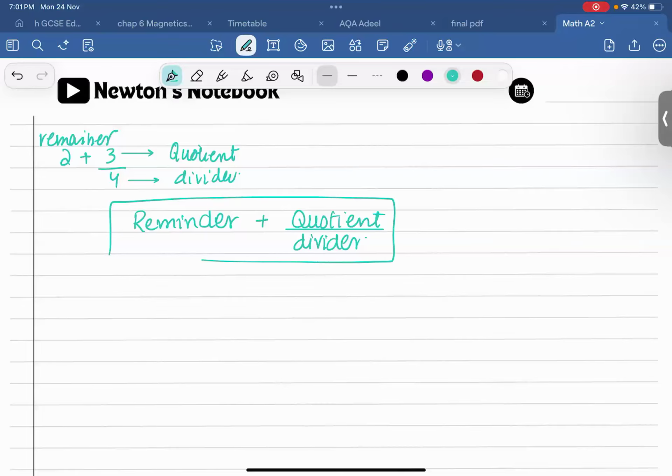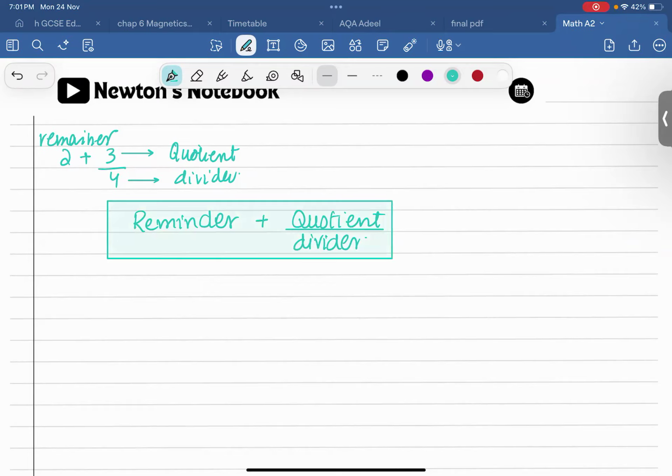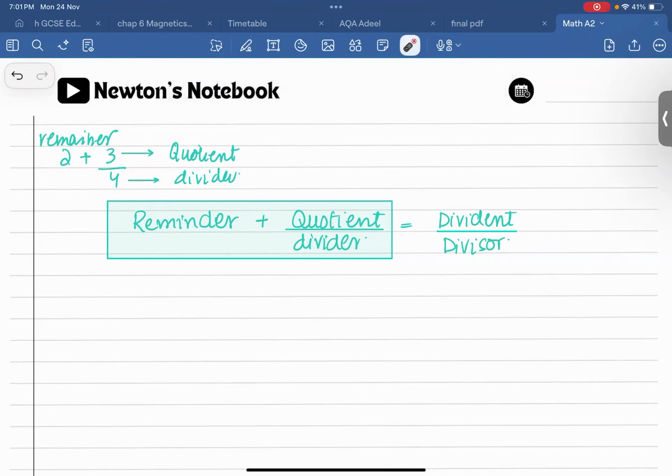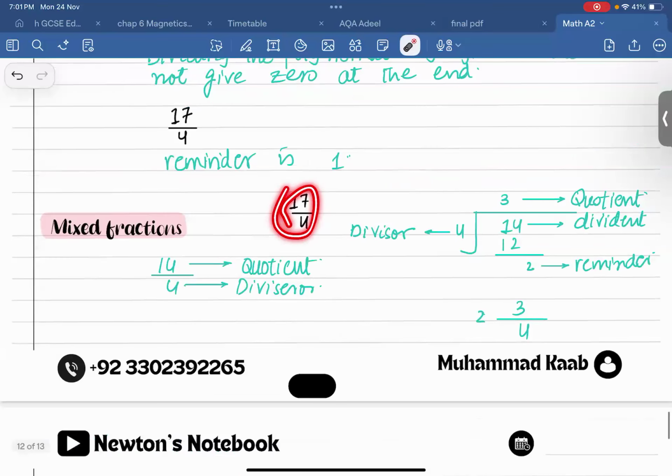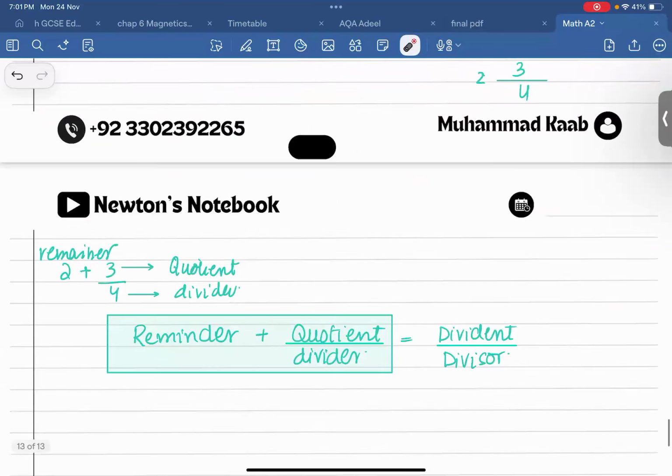This is a very important thing that will be useful in differentiation and integration, so be very clear. These are the ways we can write things, and this is basically equivalent to the dividend over the divisor, which is 17 over 4.